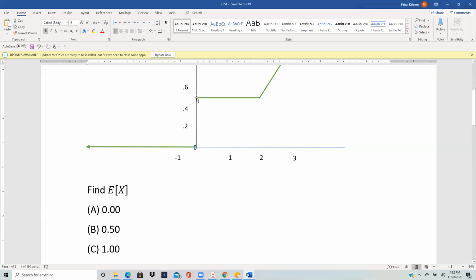That's because the CDF has jumped to 0.5, a gain of 0.5. Just before 0, the cumulative probability was 0. But right at 0, the cumulative probability has jumped to 0.5. So it means 0 alone has contributed 0.5.